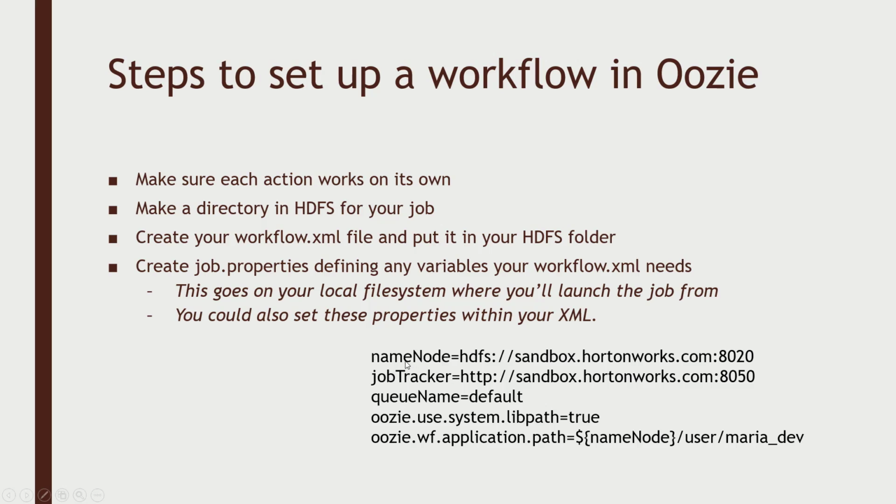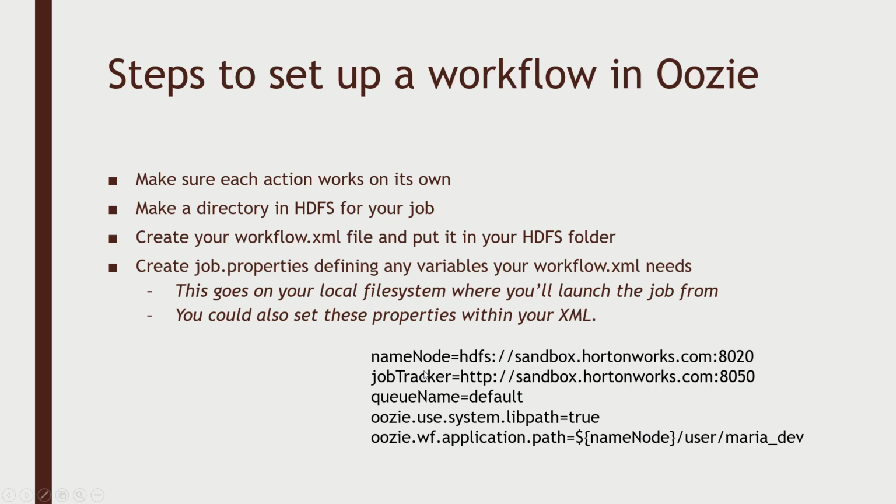And you can see here we've abstracted out the specific host name and port that the HDFS name node is running on, the specific host name and port that the Yarn job tracker is running on, the queue name, and a couple of parameters for Oozie itself, including the path that this Oozie application is actually installed into. And that itself actually refers to the name node variable up here.